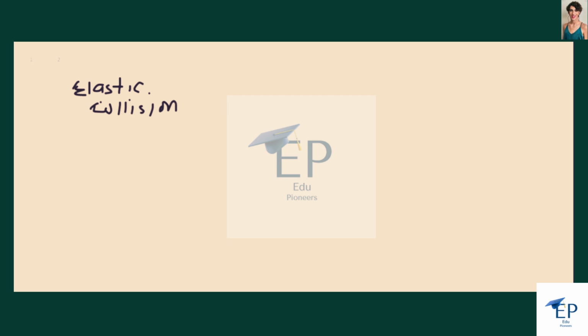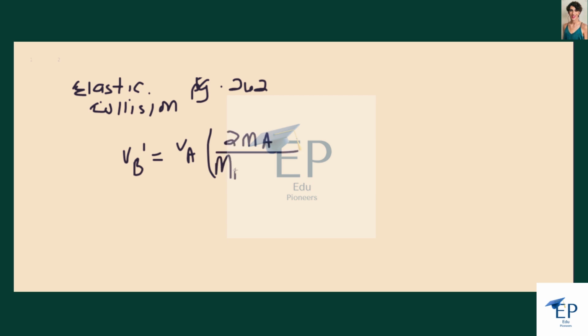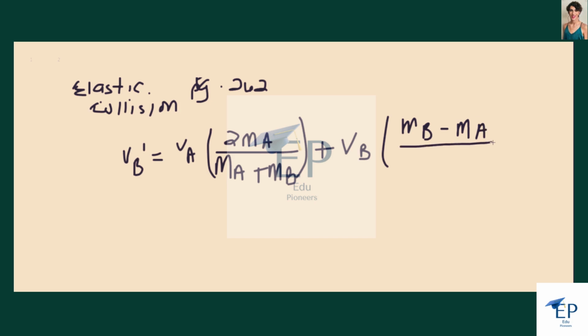So using the equation found on page 262, we can say that our final velocity of mass B is going to be the velocity of mass A times 2 times the mass of A divided by mass A plus mass B, and then this VB is the initial velocity of mass B, which it wasn't moving to begin with, so that velocity is 0, which makes this whole portion 0.